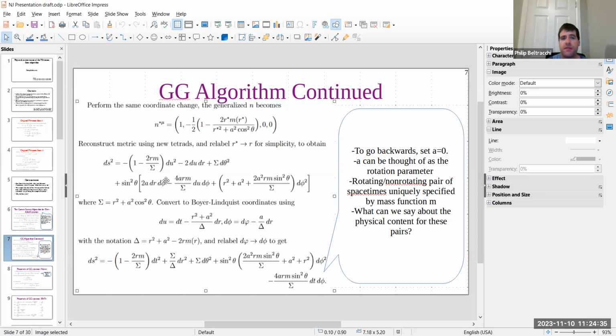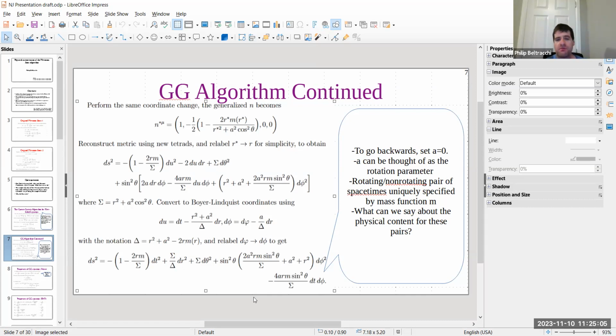Well, this would be usable. It is more convenient to work with time-like coordinates, so we can convert to Boyer-Lindquist coordinates using this transformation, where we have a new notation. Delta is r squared plus a squared minus 2r m of r, and then we can obtain a metric in Boyer-Lindquist coordinates.